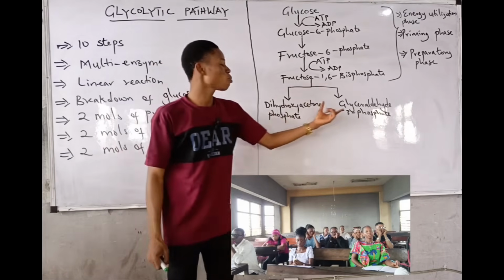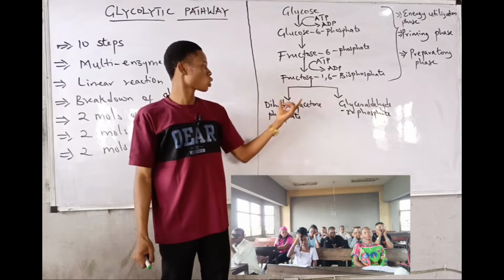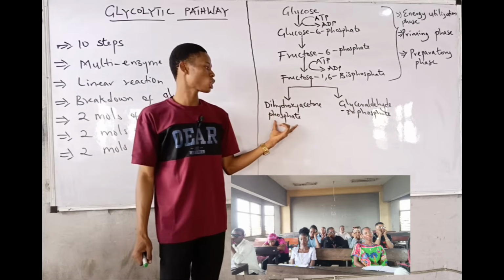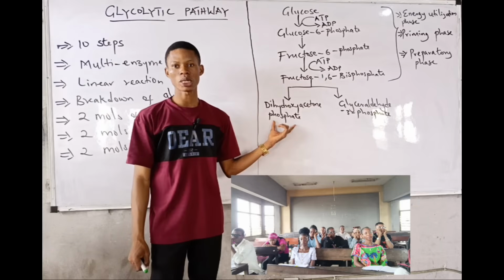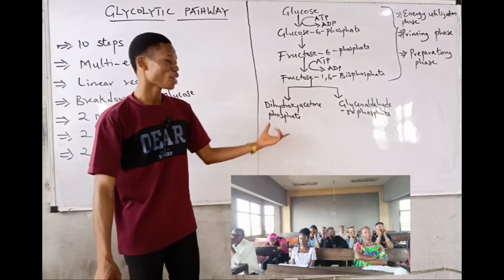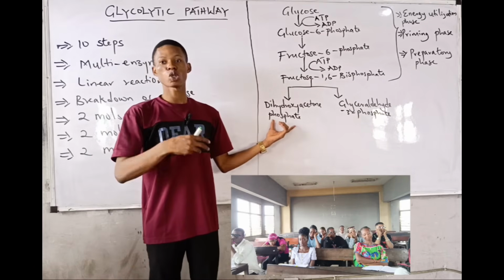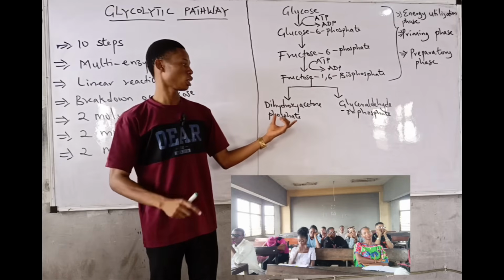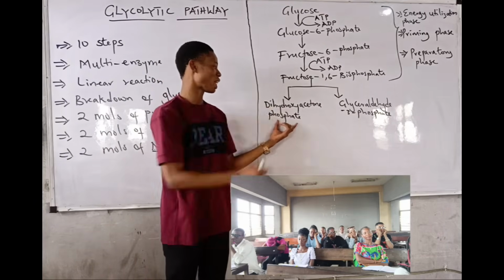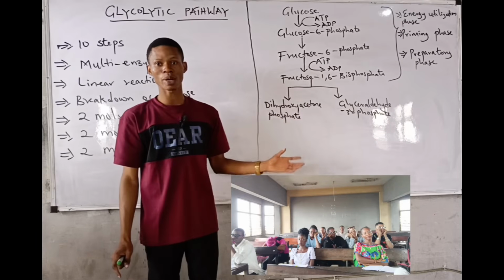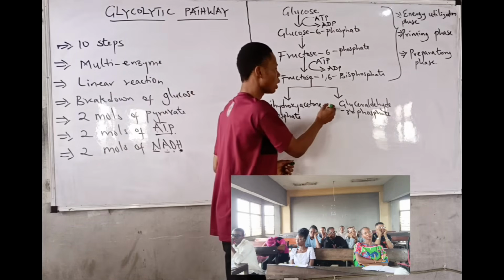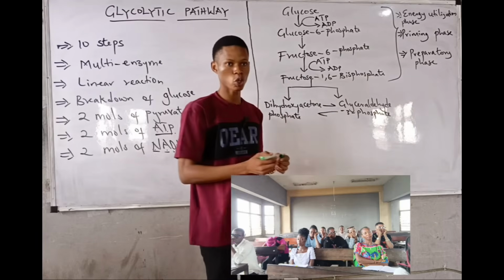Now, there's a problem here. After this breakdown to dihydroxyacetone phosphate and glyceraldehyde 3-phosphate, dihydroxyacetone phosphate cannot continue in the pathway again. He's tired, or she's tired. We don't have the enzymes to convert dihydroxyacetone phosphate in the glycolytic pathway, and hence it is converted to another molecule of glyceraldehyde 3-phosphate.